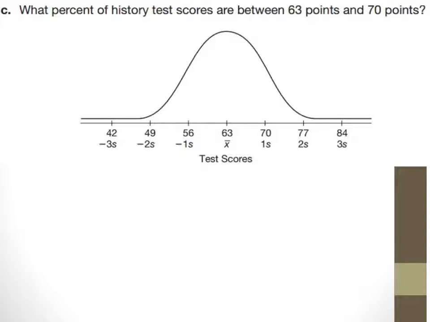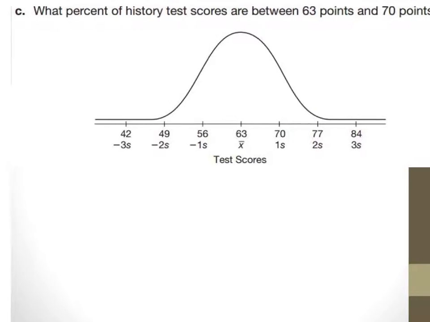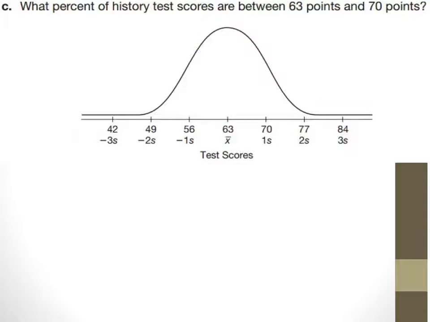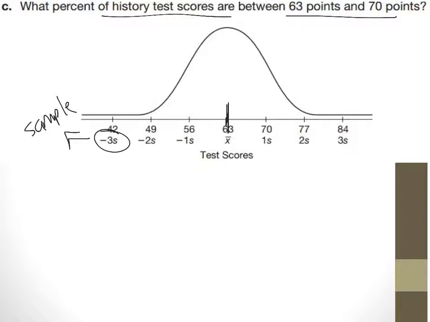Alright, so trying to figure out here what percent of history test scores are between 63 and 70. Okay, so 63 is my mean right here, and again you can tell that these are samples. Okay, they're not the population because it's S's and X bars.